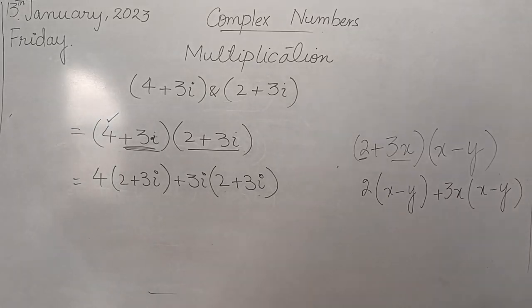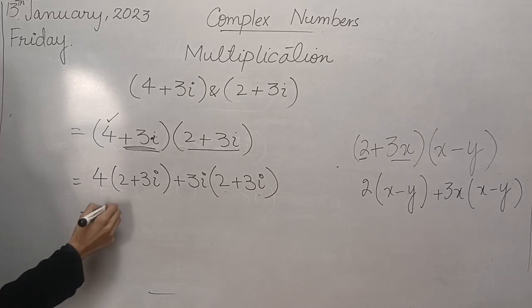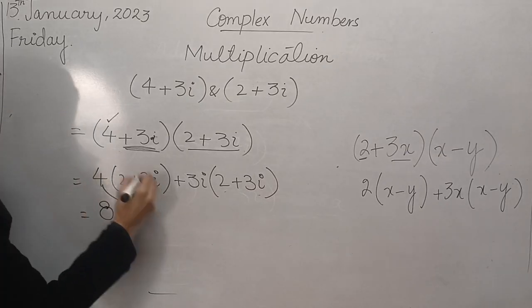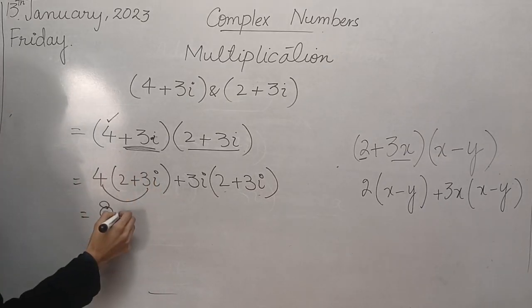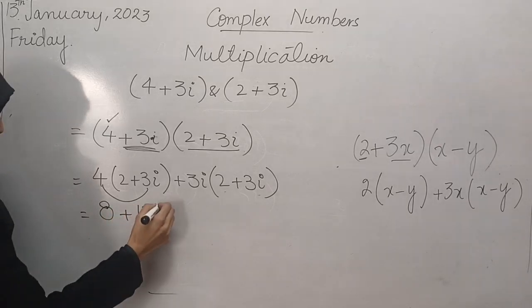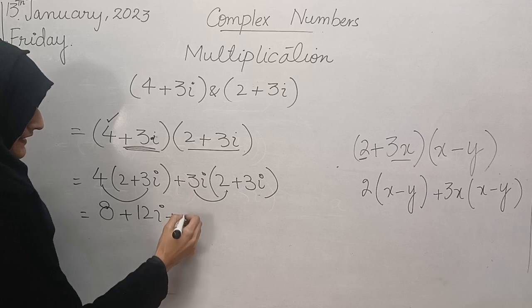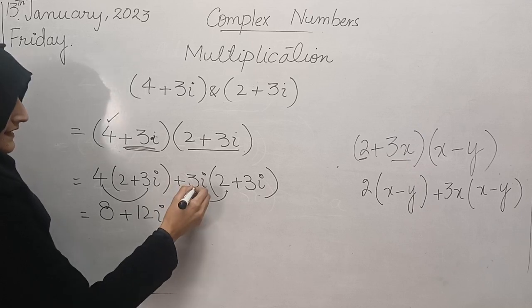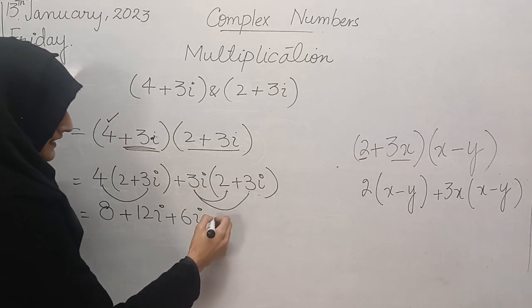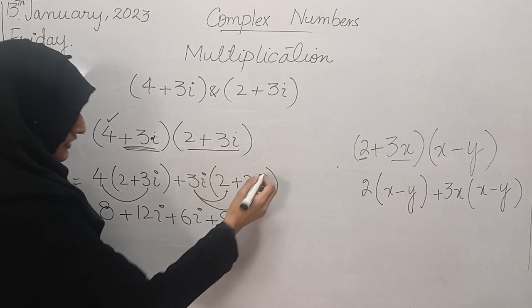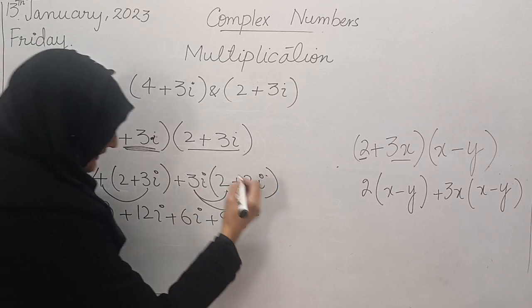Now multiply them. 4 times 2 is 8. 4 times 3 is 12 iota, plus 3 times 2 is 6 iota as it is, and 3 times 3 is 9 iota times iota, iota square.